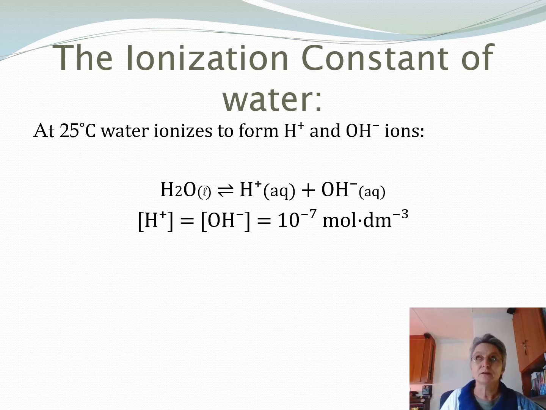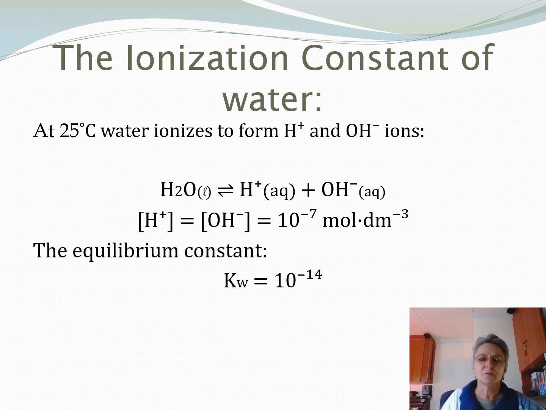So for the 10 to the minus 14, you take the square root of that, and you get 10 to the minus 7 as the concentration of hydroxide and hydrogen ions, which is like a 10 millionth of a mole. So the equilibrium constant, Kw for water, is 10 to the minus 14.